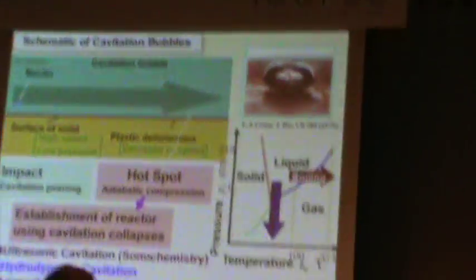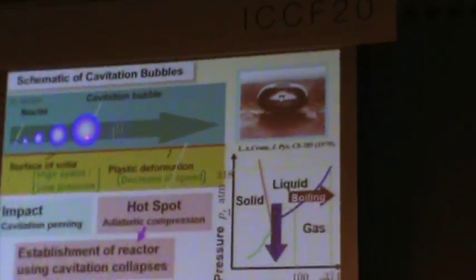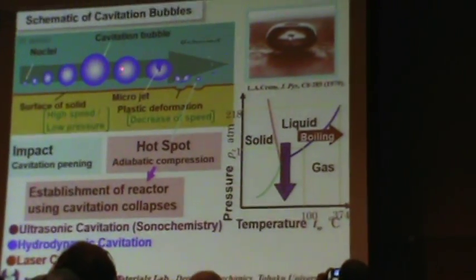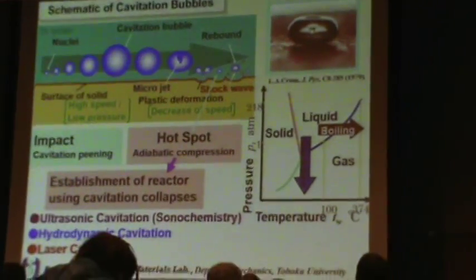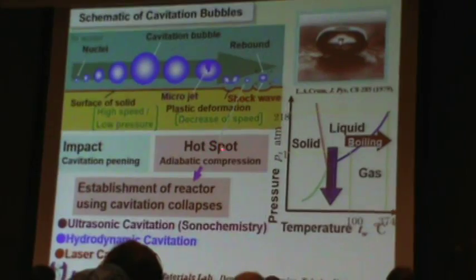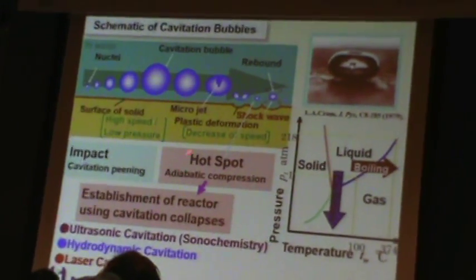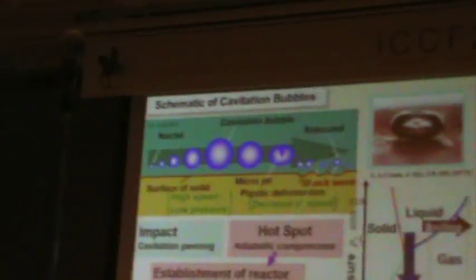At high speed and low pressure regions, the cavitation occurs and then collapses. At the bubble collapse, as we know, we can get hot spots. So we can use these hot spots as a kind of reactor.